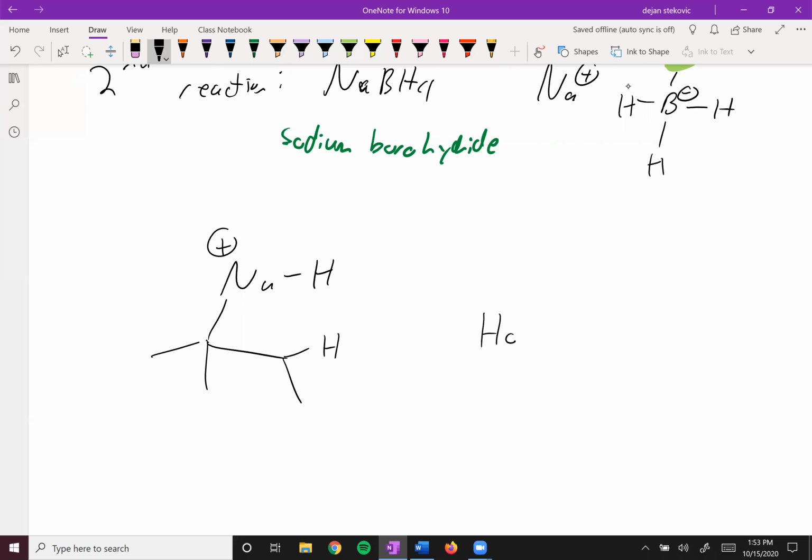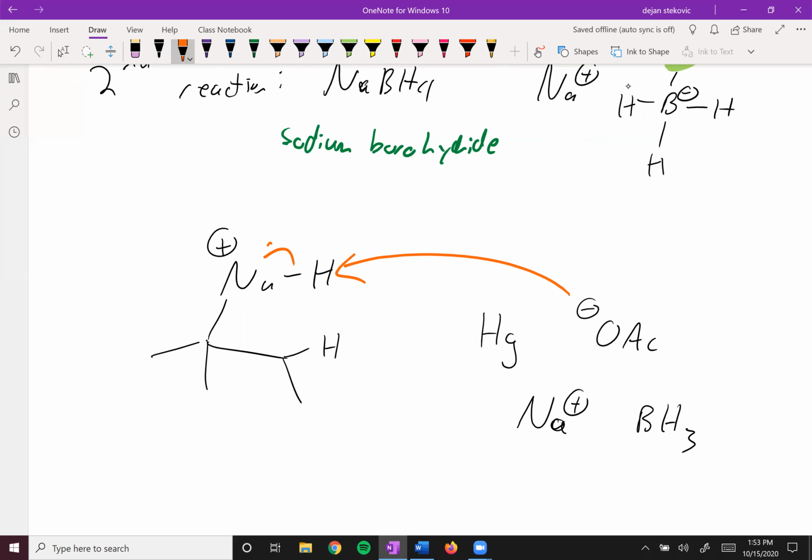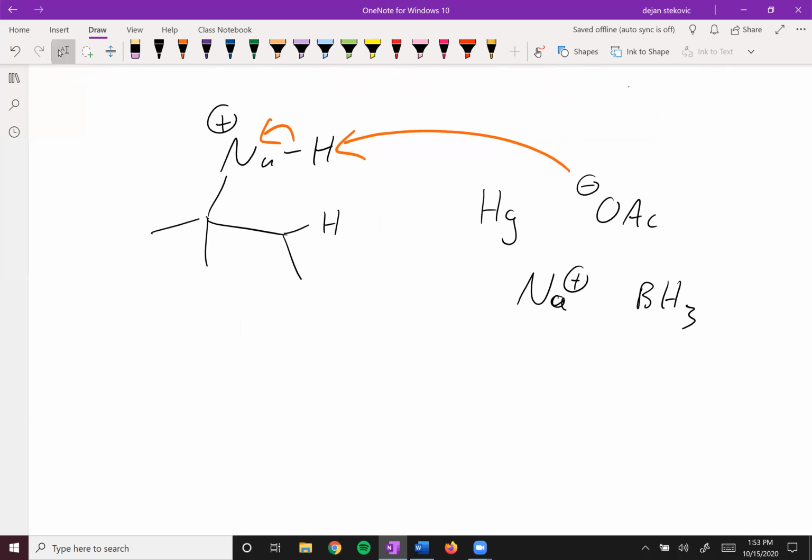And so then our last step here, we have a mercury, we have some acetates floating around, we have some sodiums and some BH3s. This acetate will just deprotonate our nucleophile to end up with our final product, where we have our nucleophile still in the Markovnikov position, but now we don't have to worry about any rearrangement, right?